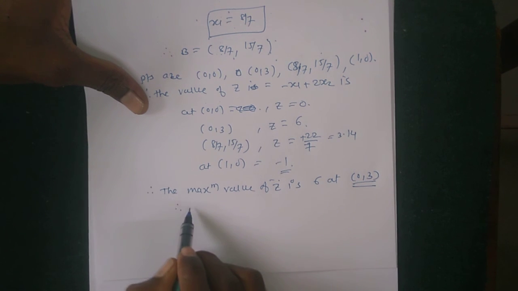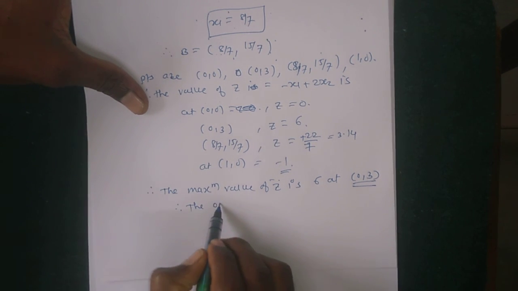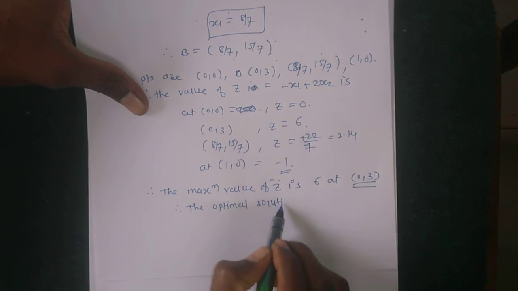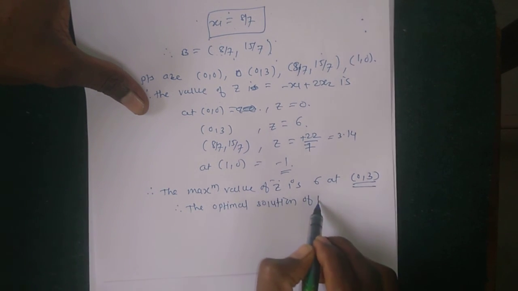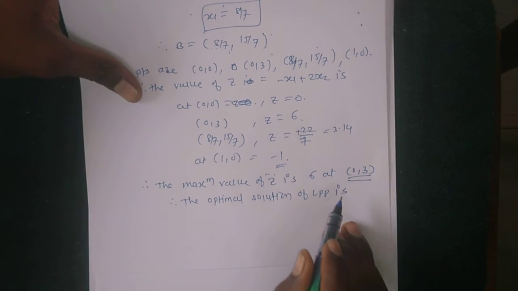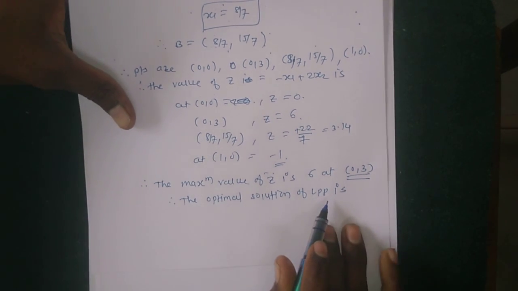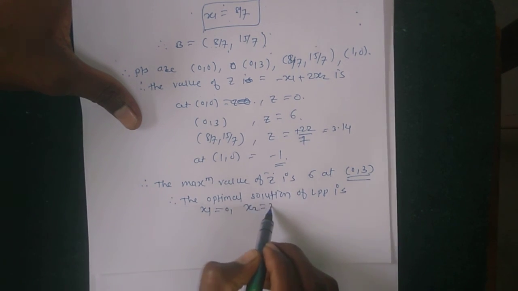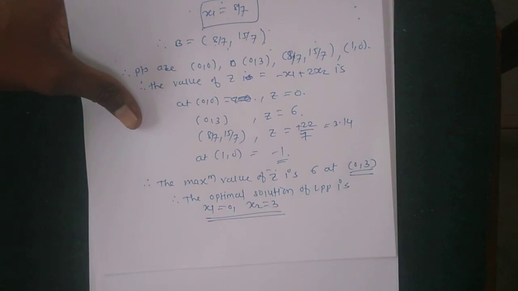Therefore the optimal solution of the given LPP is x1 equal to 0 and x2 equal to 3.